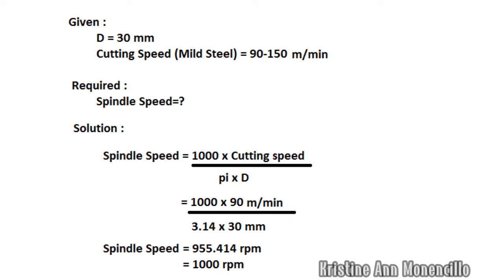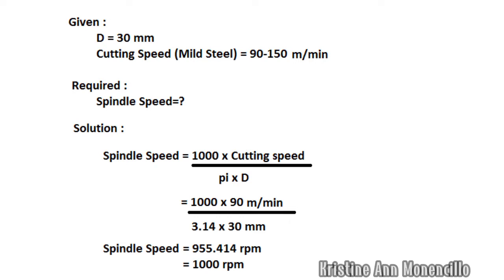We just calculate it, and the result is a spindle speed equal to 955.414 RPM. Then we round it off to the nearest spindle speed in our spindle speed setting, and that will be equal to 1000 RPM.